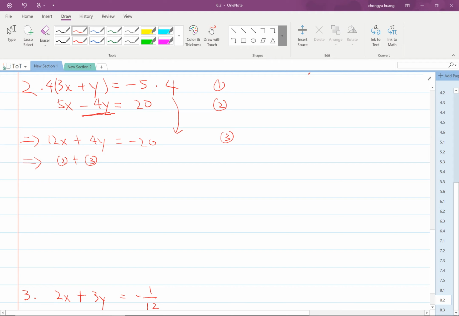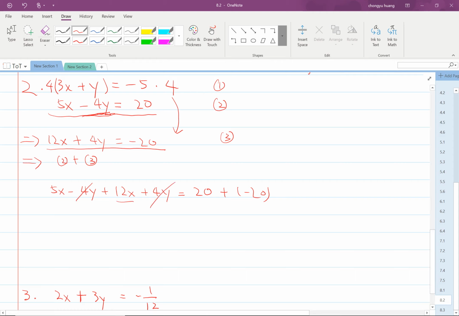Equation 2 is 5x minus 4y, and then plus the equation over here, 12x plus 4y is equal to negative 20. So we are using those two equations. As you can see, the 4y and the 4y get cancelled.